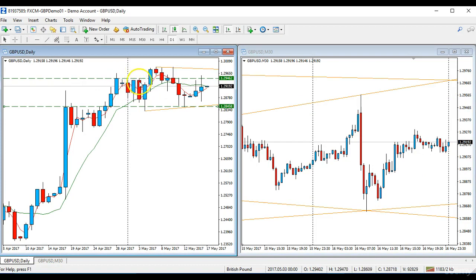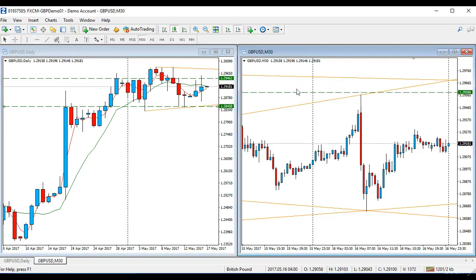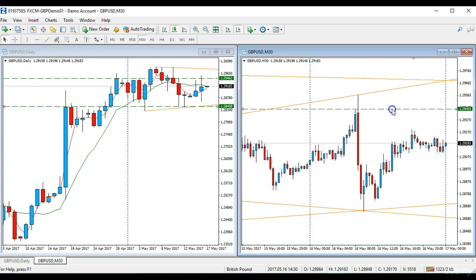There is another level of resistance there, if we put those levels into our 30-minute time frame, which is probably about 1.29462. That provides us with a good place to know where we're going to take our profits.